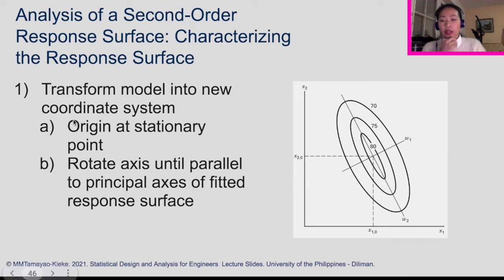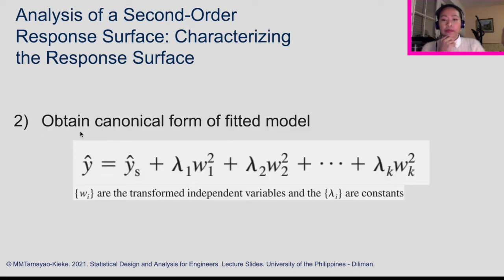To do this, first you want the origin to be at the stationary point, and second, you rotate the axis until it is parallel to the principal axis of the fitted response surface. This is an example for a two-factor design.